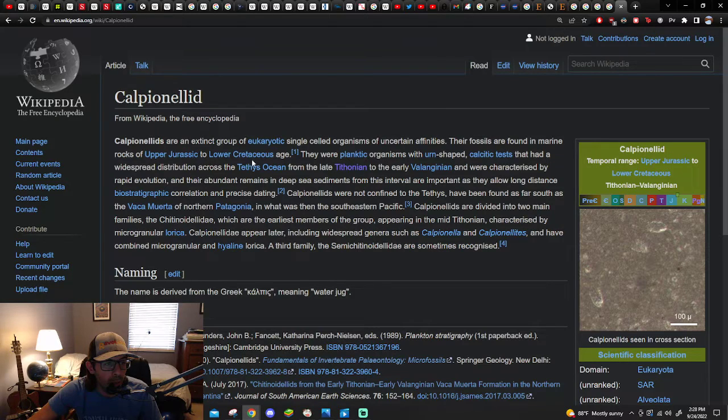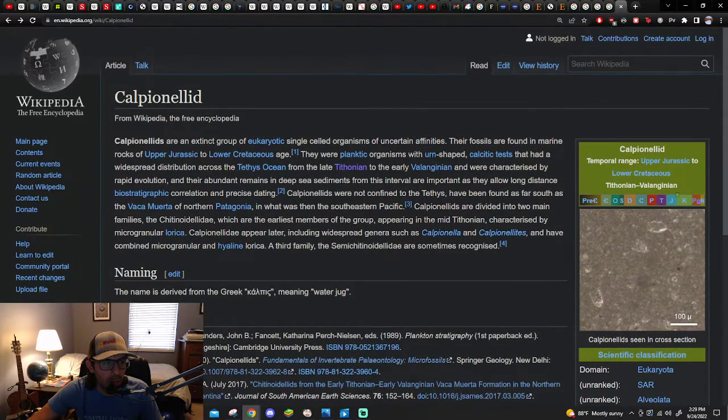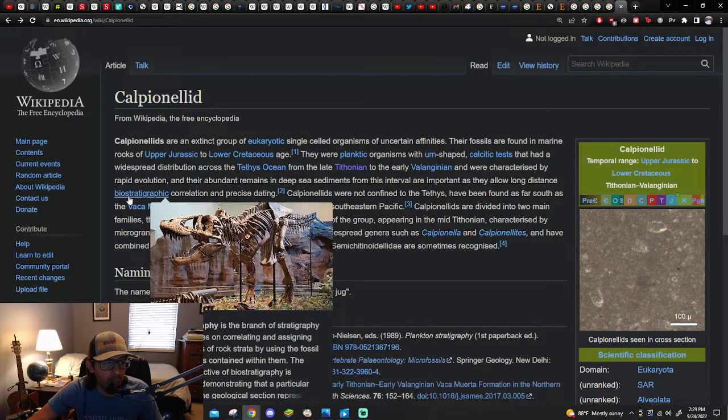Characterized by rapid evolution, and their abundant remains in deep sea sediments from this interval are important as they allow long-distance biostratigraphic correlation.